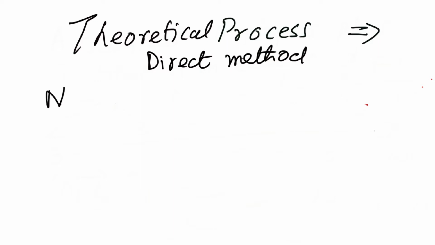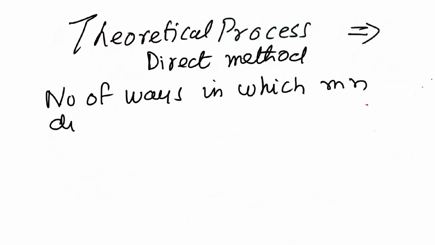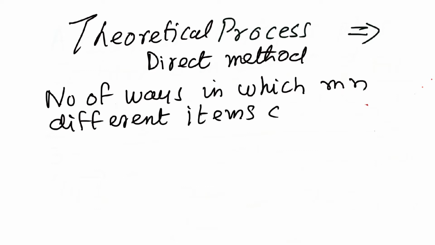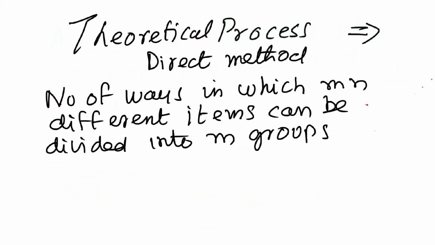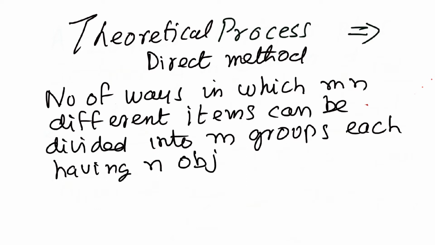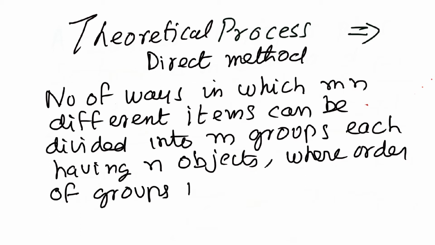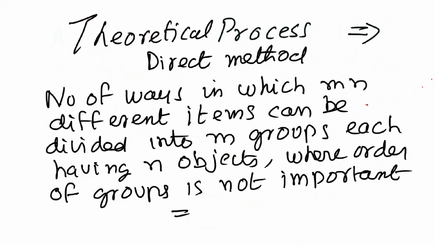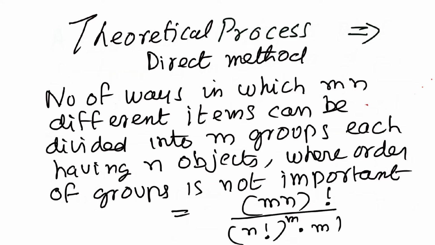The third method, which is a direct method: we already have a derived formula which we can apply to get the result without any further hassles. So the number of ways in which mn different items can be divided into m groups, each having n objects, where order of the groups is not important, is given by (mn) factorial by (n factorial raised to m) times m factorial.